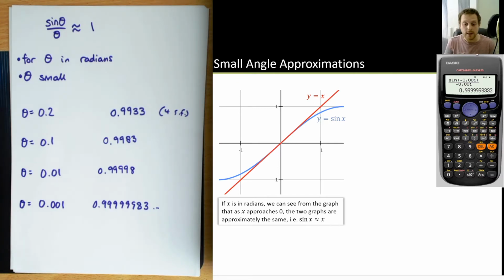They're not perfectly the same, but they're getting closer and closer to being the same, which is obviously what approximately equals means, right? They're nearly the same, and they're more nearly the same the smaller you make theta.